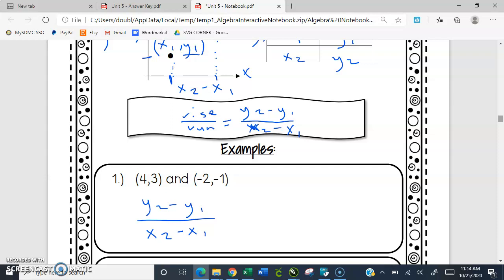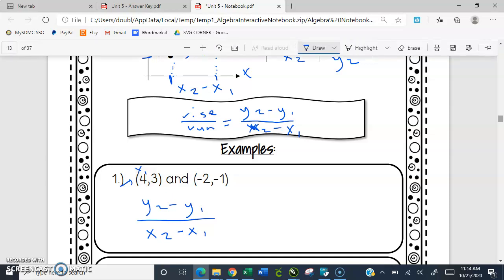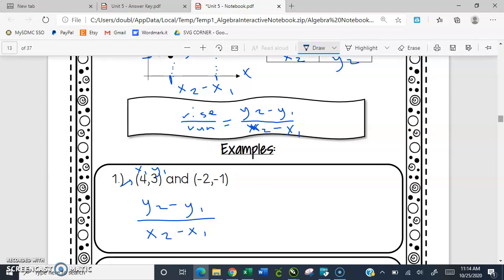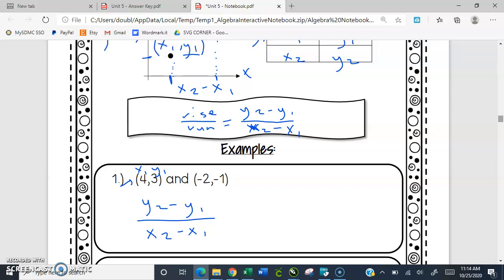All we have to do right now is label what we have. Here's our first pair. I'm going to label this x1, and since that's x1, this has to be y1. Which leaves this as x2, and since that's x2, it has to be y2. Remember, x always comes before y, just like in the alphabet.